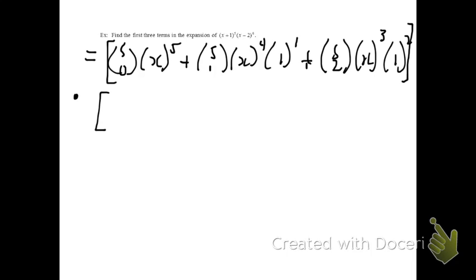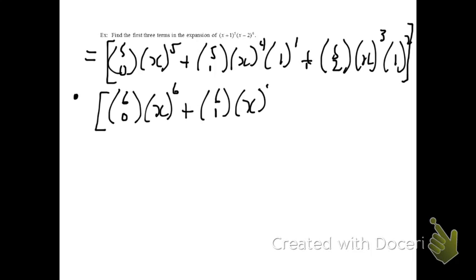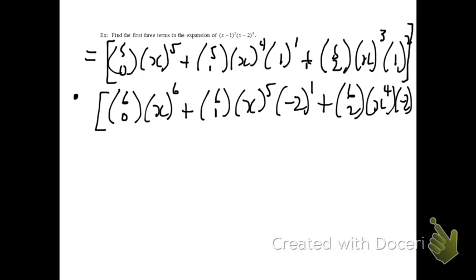Okay, so then the second one is 6 choose 0 x to the power of 6, and then negative 2 to the power of 0, 6 choose 1 x to the power of 5, negative 2 to the power of 1, plus 6 choose 2 x to the power of 4, negative 2, I'm just going to fit it in here, to the power of 2, and so on.